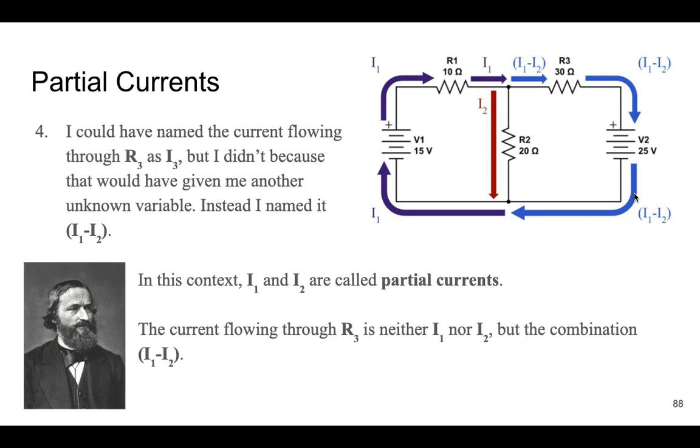So in this context, for the light blue part over here, I1 and I2 are what are called partial currents. It's not the actual current that's going that way. You think of those as sort of the parts, the components, in a sense, of the current. You may see that term again if you go further in physics in college.